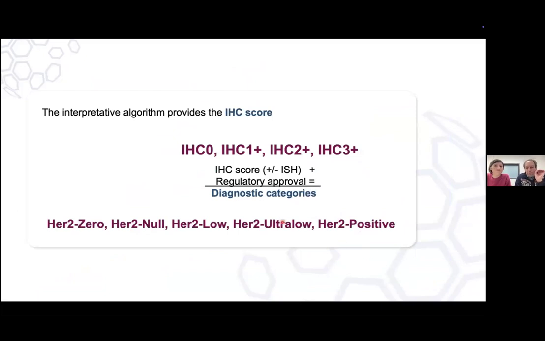So the point is, the algorithm will give us an IHC score plus regulatory approval, diagnostic categories. These names will change. Some of these, HER2 positive is an inheritance, is probably now a bit obsolete. We need to find something else for it. Ultra low, low, null, etc. This terminology will change, but you understand that these are our diagnostic categories.